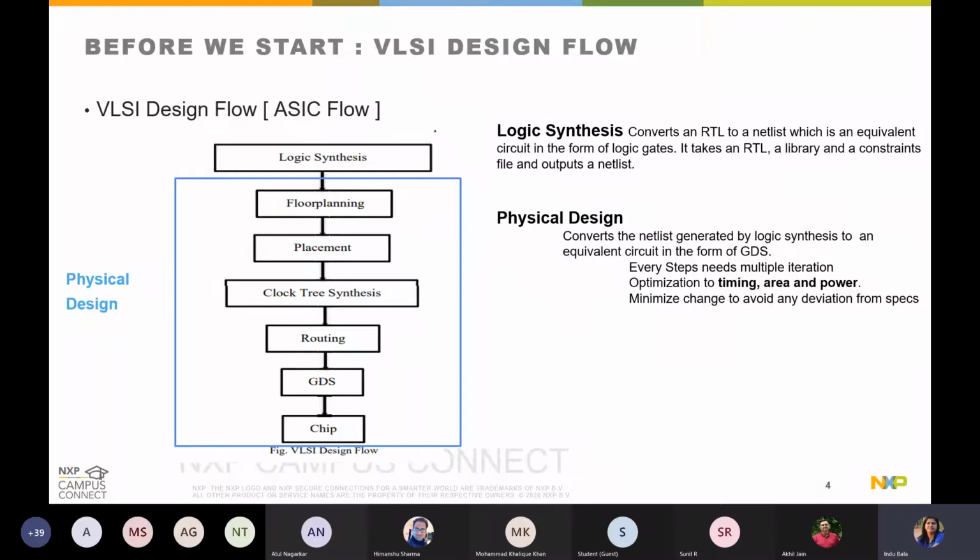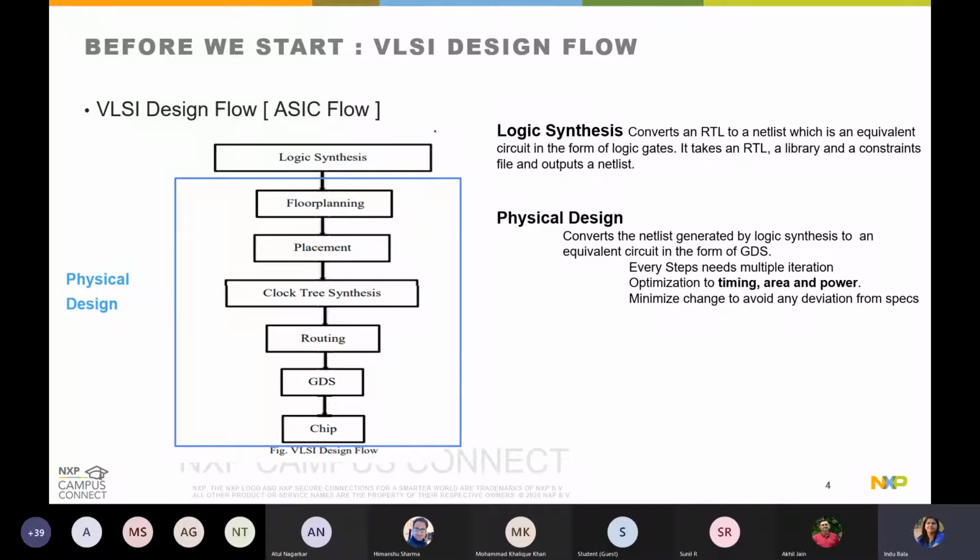Yes, thank you. Okay, so this is just to give a brief overview of the VLSI design flow, and also to tell where the PDK plays an important role during the flow.